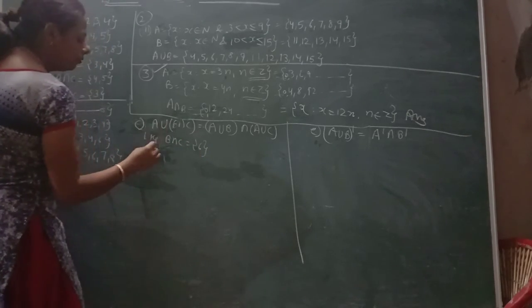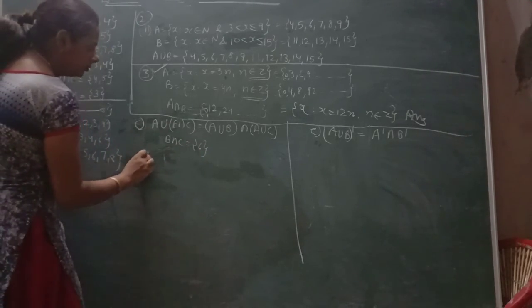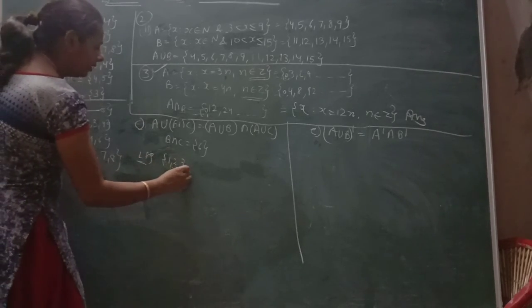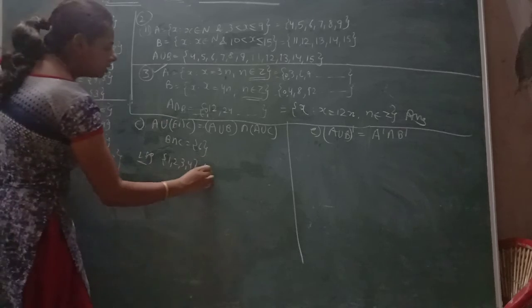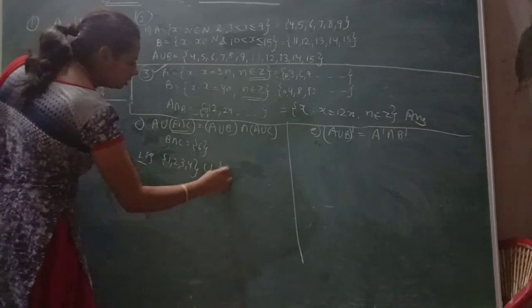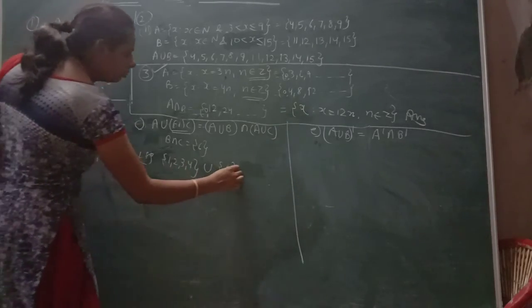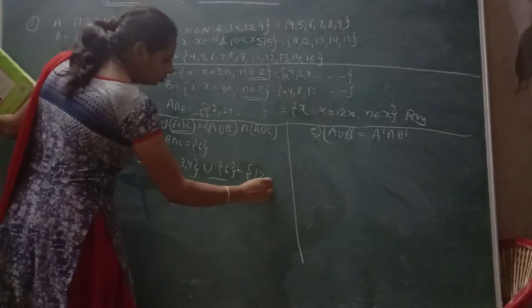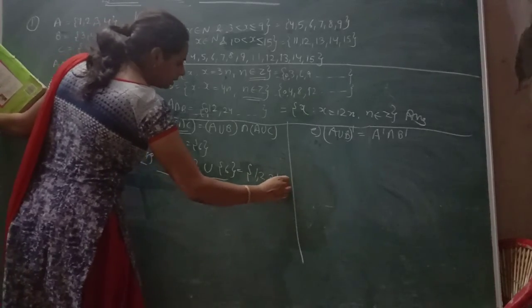So for the left hand side, firstly you have to write A. A is 1, 2, 3 and 4. Then there is a union symbol, and B intersection C we have already found, that is only 6. So you have to take the union of these two sets. So you will have here 1, 2, 3, 4 and 6.